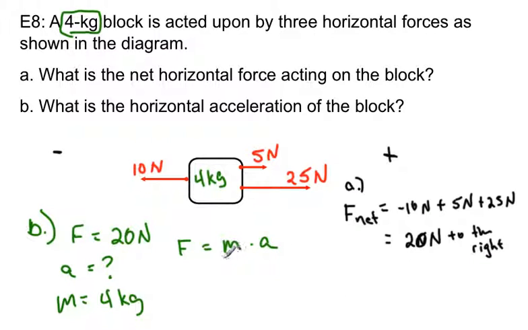Just get acceleration by itself, so I'm going to divide by mass on both sides. Take the net force, divide by the mass, and you'll have the acceleration. So it's going to be 20 divided by 4, and I'll let you plug that into your calculator.